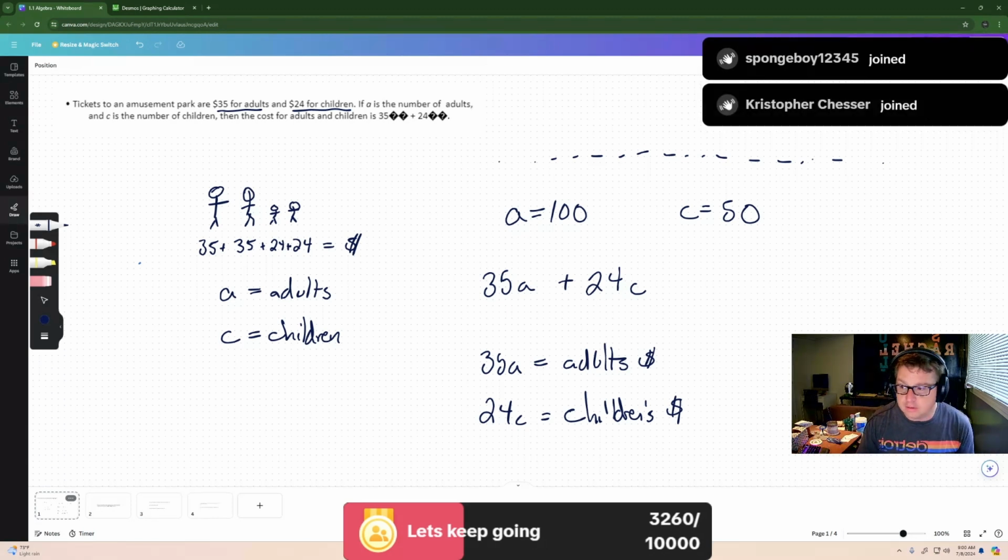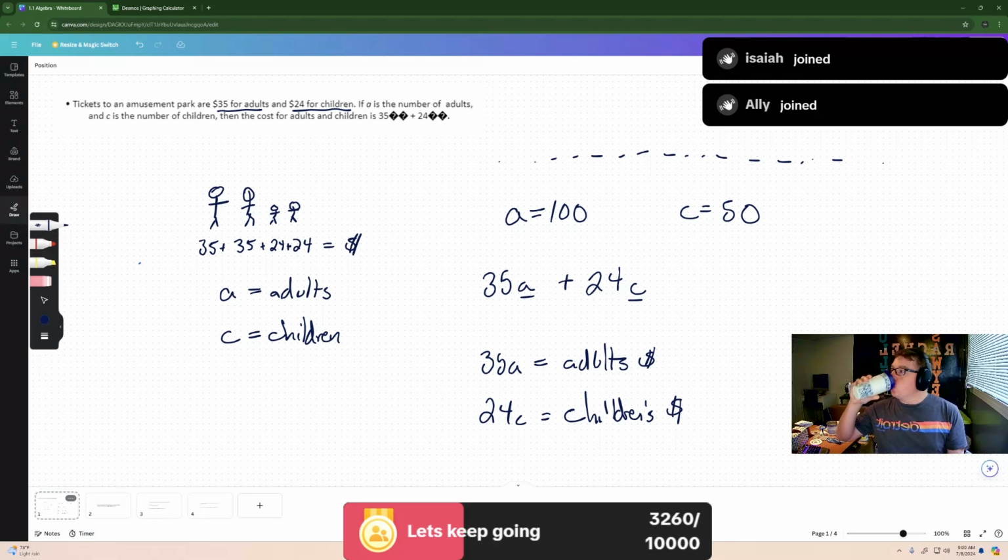There are a lot of different things once you understand how to use variables. Remember, variables are our unknowns, because we don't know at the beginning of the day how many adults are going to come through. So our variables are these letters for the unknown numbers we're going to get throughout the day. This is our expression, and we have two different terms: the adults and the children.